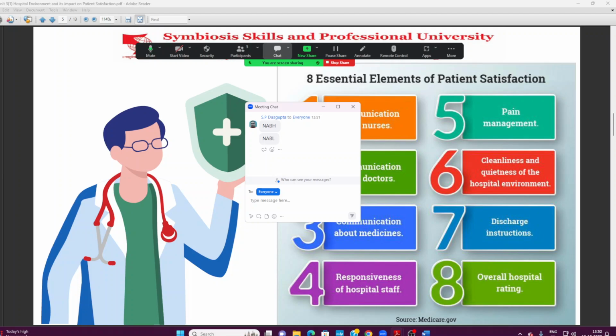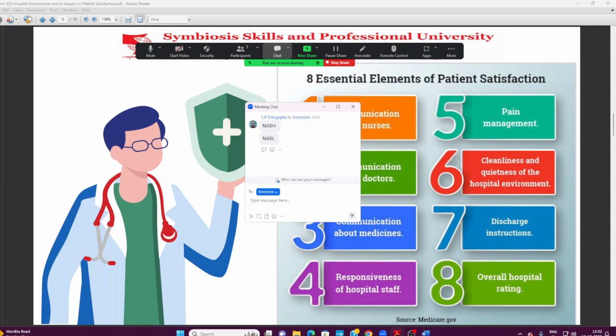These seven parameters are further broken down into smaller key indicators. Like when I say cleanliness and quietness of the hospital environment, it will be broken into waste management and noise management, all sorts of things.